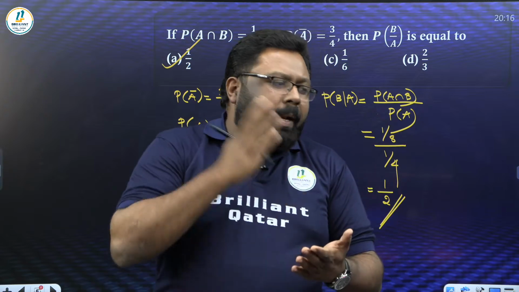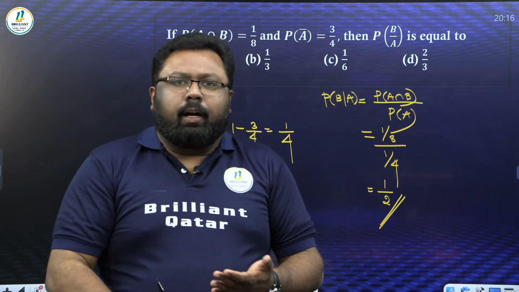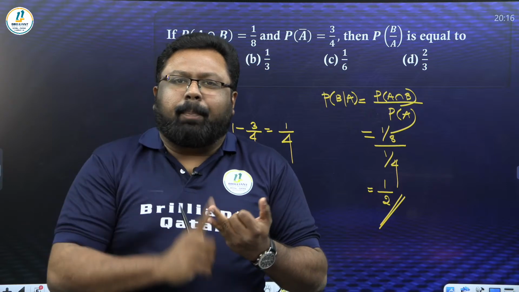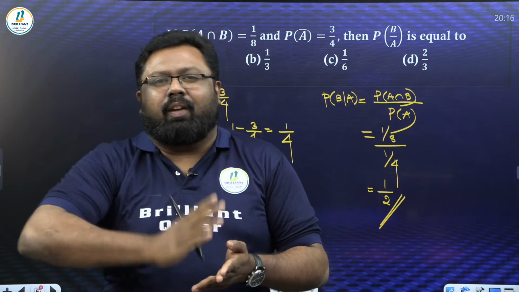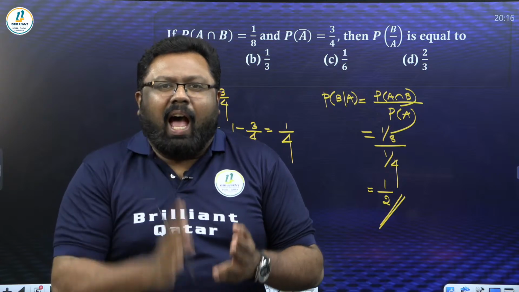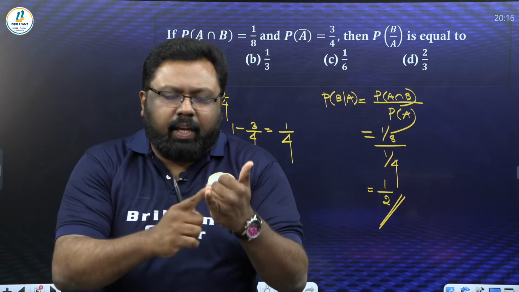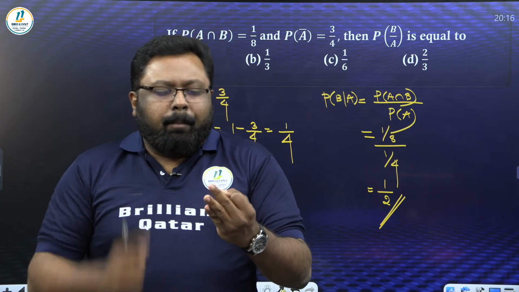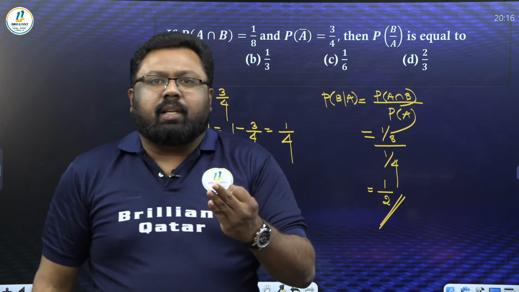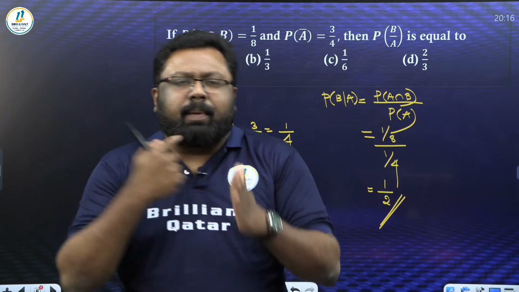See, I told you, I'm repeatedly telling you again and again, please learn conditional probability, multiplication theorem and all the standard grade 11 formulas which have something to do with A intersection B. P of A union B, P of A dash intersection B, P of A intersection B dash, P of A dash union B dash, P of A dash intersection B dash.